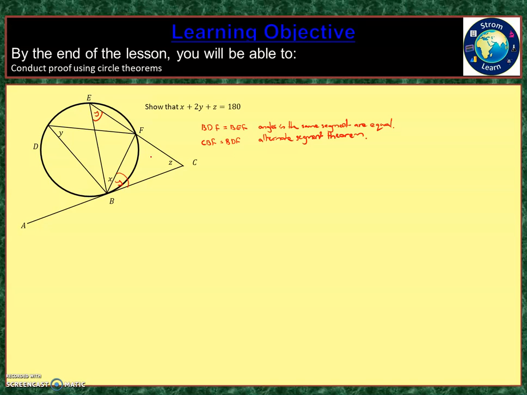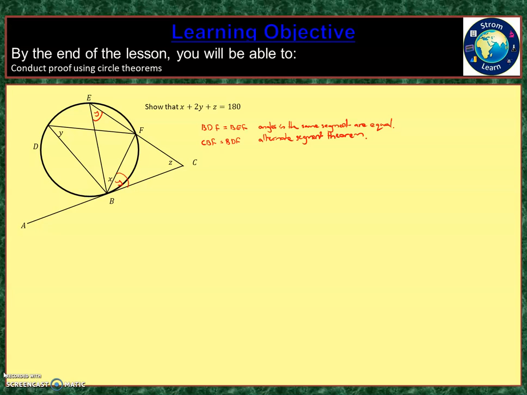So let's think about what else we can do from this. Can I work out anything to do with a straight line using ABC? Unlikely, because I'm not really getting anywhere with z. Now at this point, it starts getting tricky as to what else we can work out.